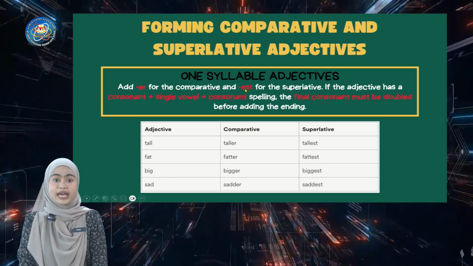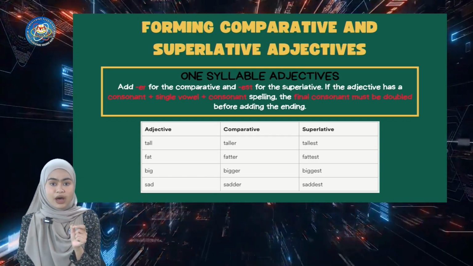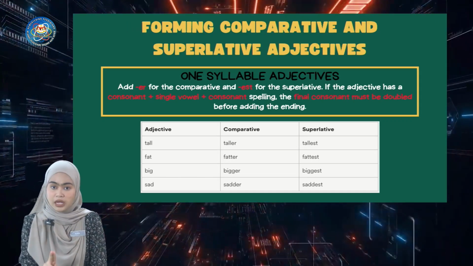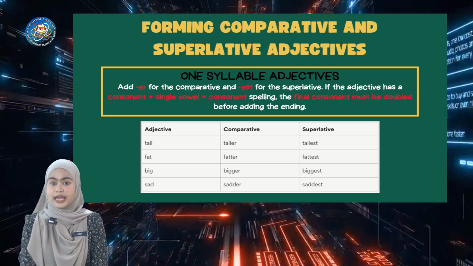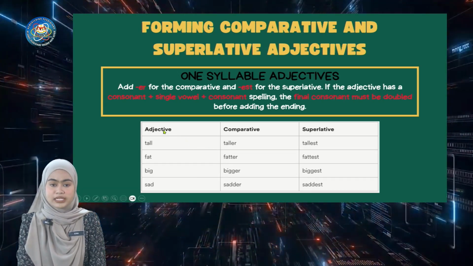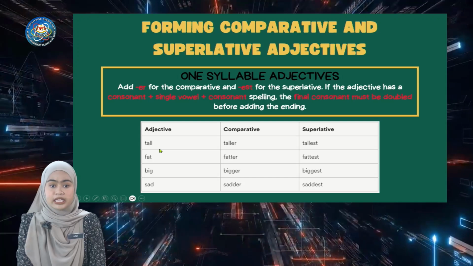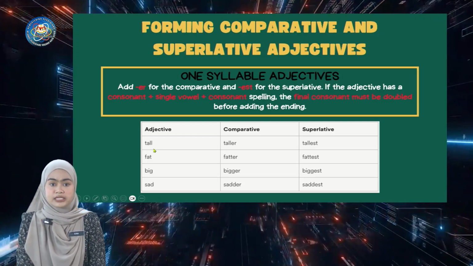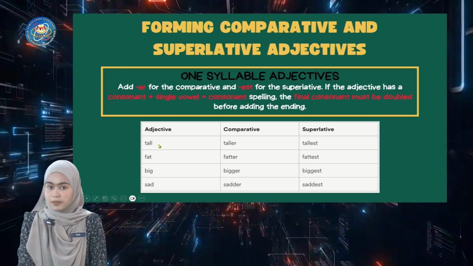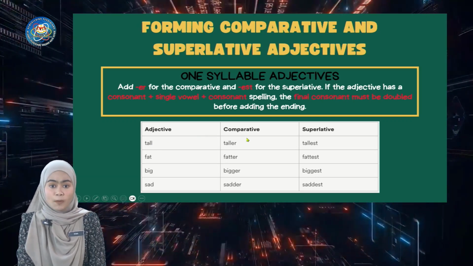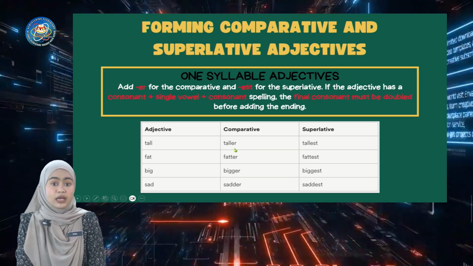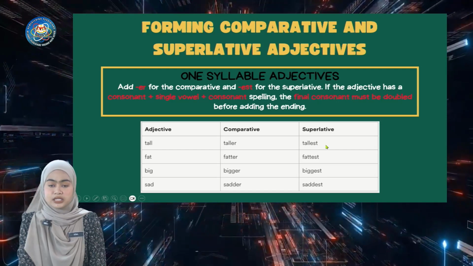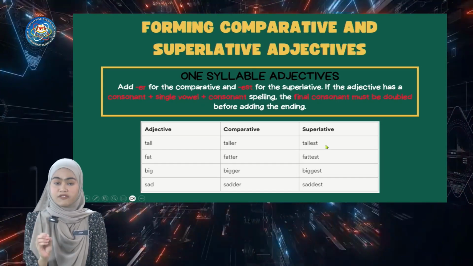If the adjective has a consonant plus single vowel and consonant spelling, the final consonant must be doubled before adding the ending. Here we can see the first example, tall. Tall is a one syllable adjective. For the comparative, we add ER, and for the superlative, we add EST to make it a superlative adjective.